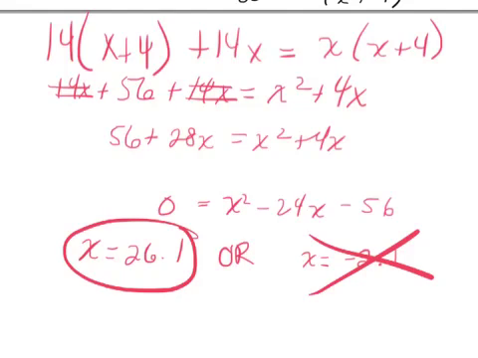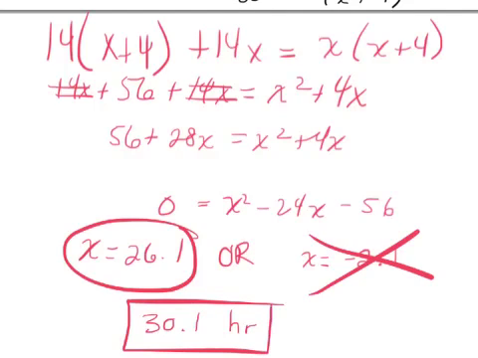Add 4, because it takes the smaller gun 4 more hours. So your answer is actually this right here. It takes the small gun 30.1 hours if you wanted to paint the wall alone. It's funny, remember you said once the small gun took 30 hours? Foreshadowing the answer.